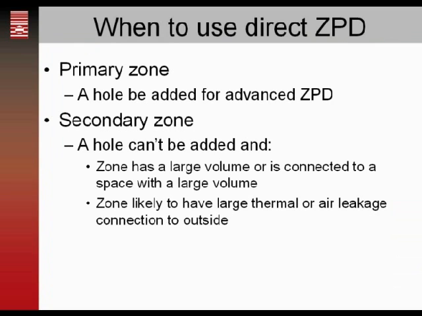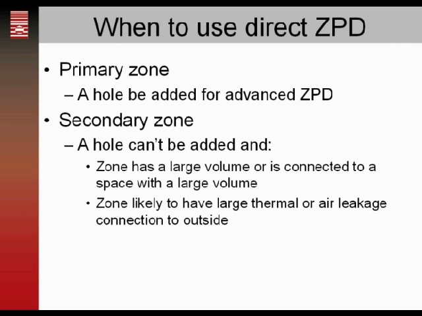So when do we use direct zone pressure diagnostics? When does it make sense to use it? Any zone where a hole can be added for pressure diagnostics we'll refer to as a primary zone.